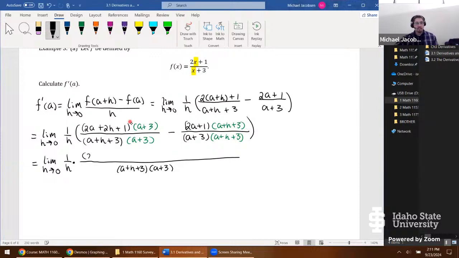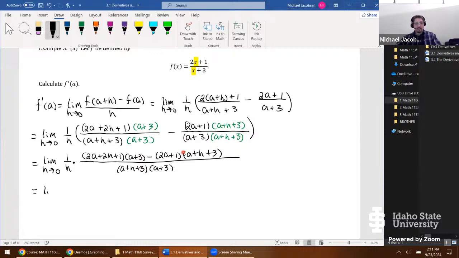So it's going to be this 2a plus 2h plus 1 is now multiplying a plus 3, minus the result of those two multiplying 2a plus 1, a plus h plus 3. And on the next step, we begin the distributions of these two factors and these two factors.